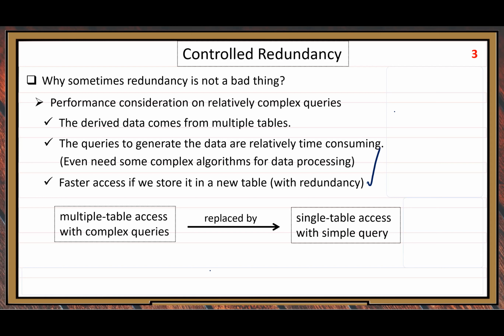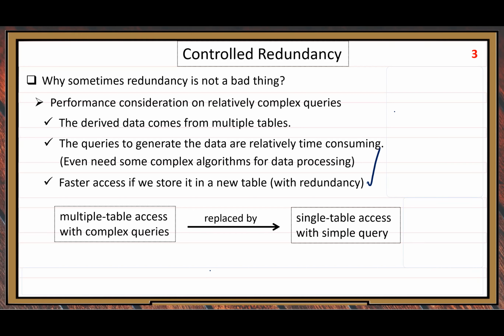Multi-table access is usually slower than single table access because you need to combine data from two tables through the relation defined in your database definition. That operation takes some time.